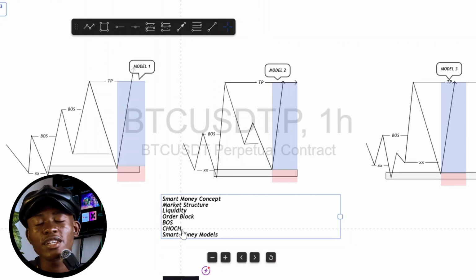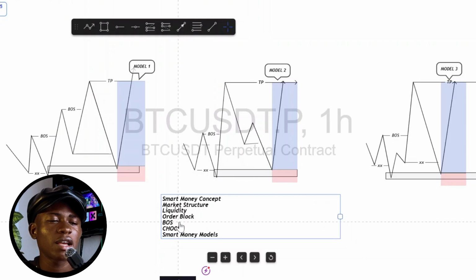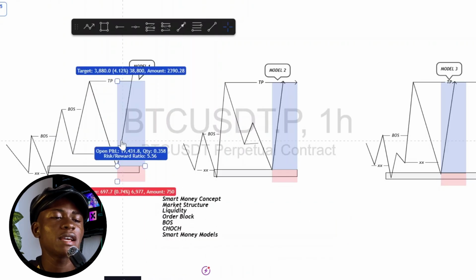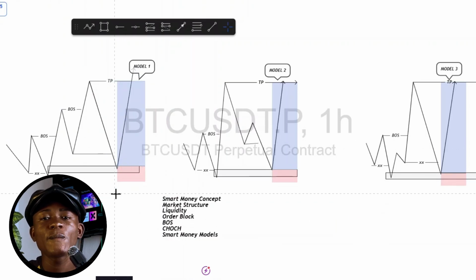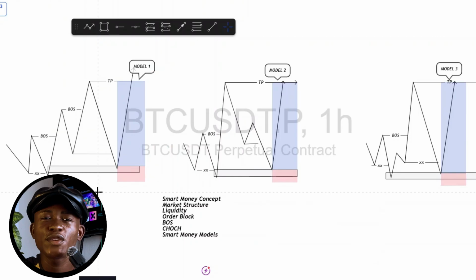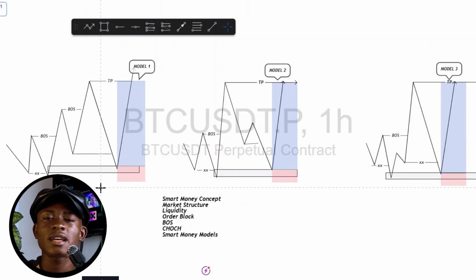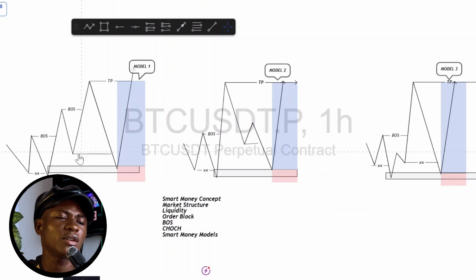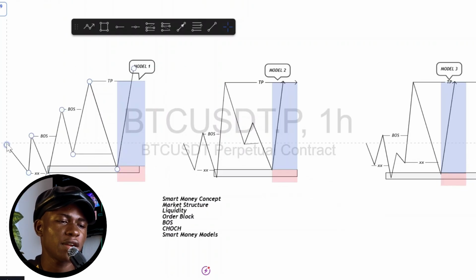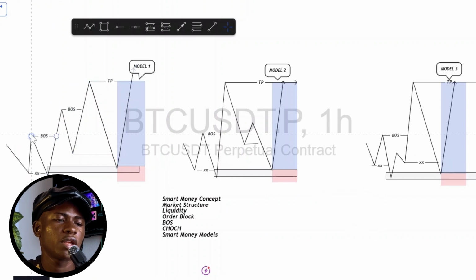Then we have CHoCH, in other words, change of character. I normally say when the market is in a downtrend and then it changes direction, the first break of structure is what I call the change of character. It means the market has changed character. Imagine the market going down, down, down. As we have seen here, the market was coming down, and then all of a sudden you saw this up. This was the first one.